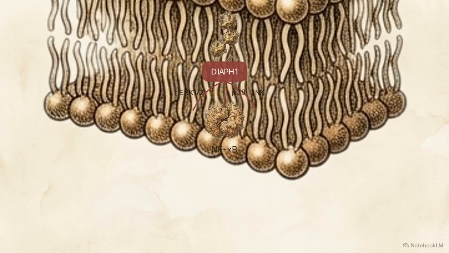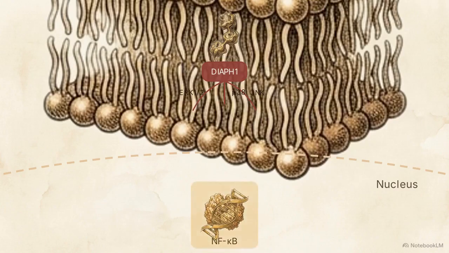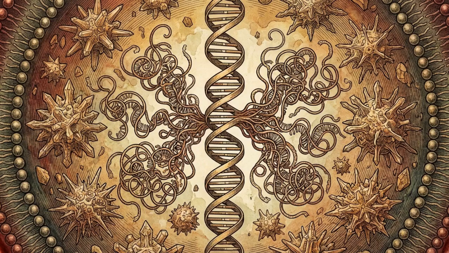These kinase pathways converge on NF-kappa B, the master transcription factor for inflammation, which crosses the nuclear membrane and binds directly to the cell's DNA. Once bound, it induces the transcription of a massive wave of pro-inflammatory cytokines, specifically TNF-alpha, IL-6, and IL-1 beta.